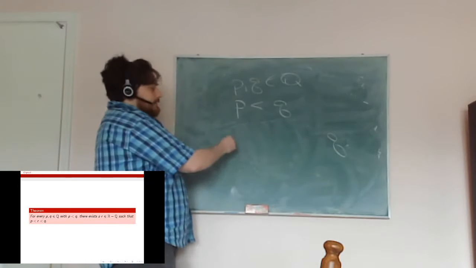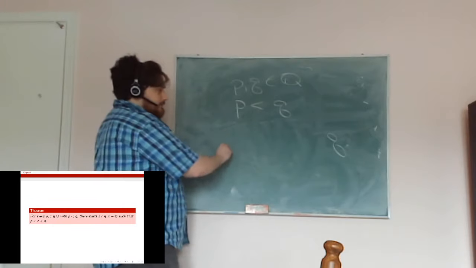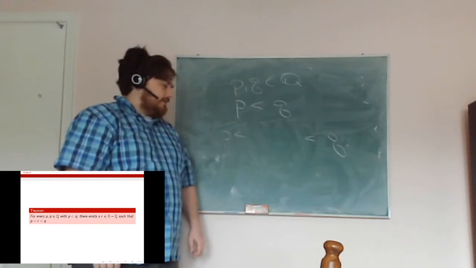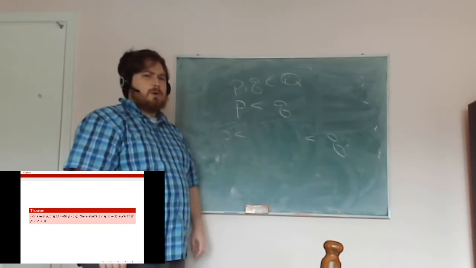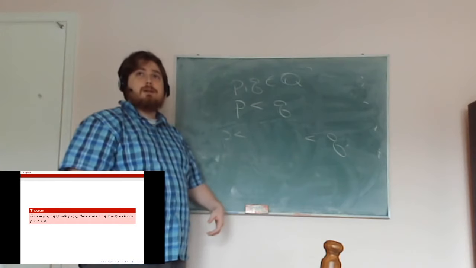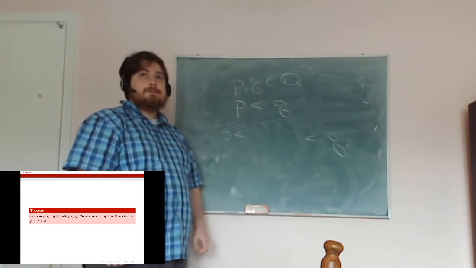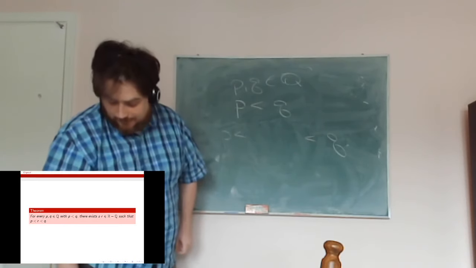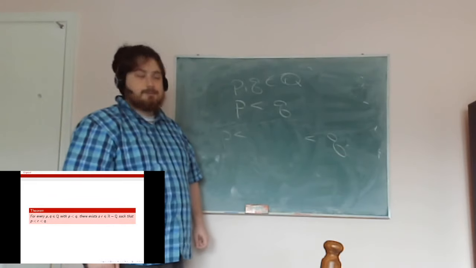So let's think, I want to put this between something. Are there any numbers that we know are irrational? Can you guys tell me one number that we know is irrational? Pi. Pi is irrational.